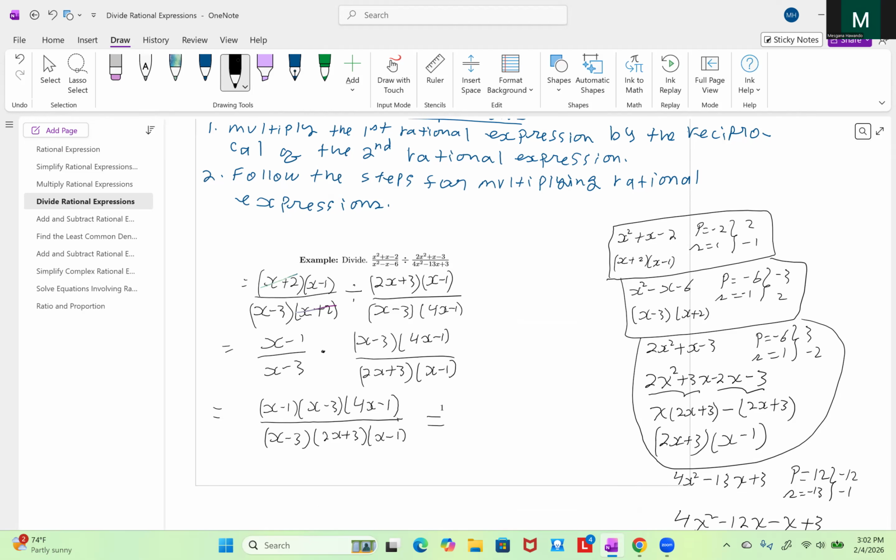This is equal to, first cancel out common factors. The common factors are x minus 1 and x minus 3. So now we are left with 4x minus 1 over 2x plus 3.